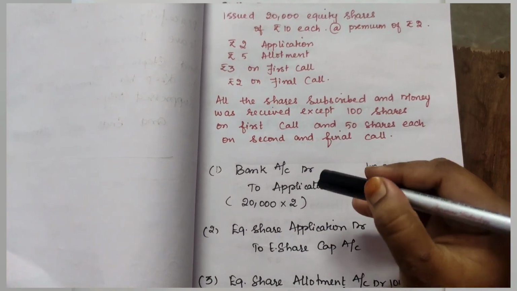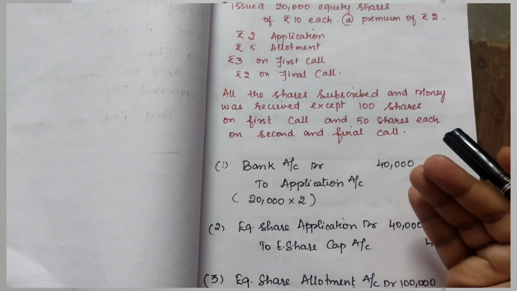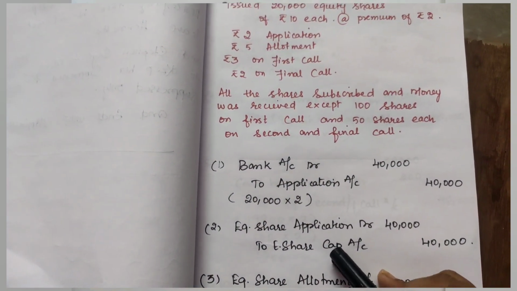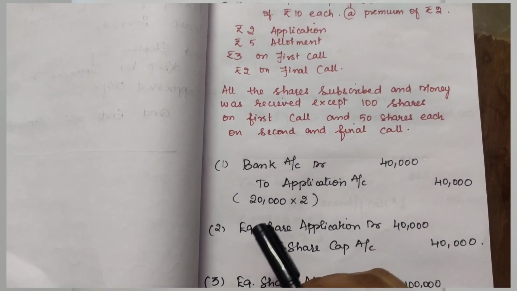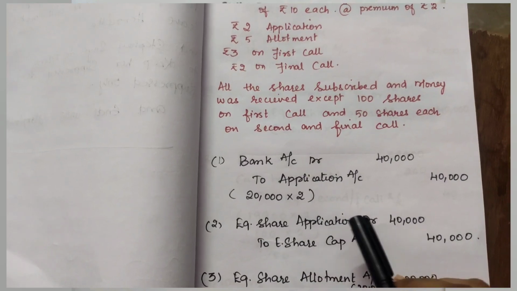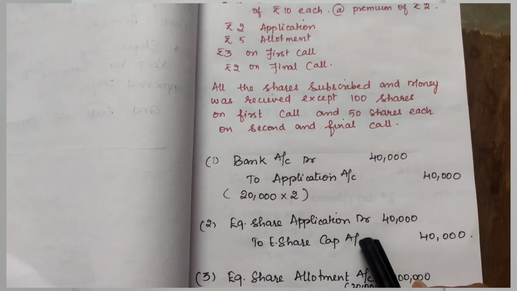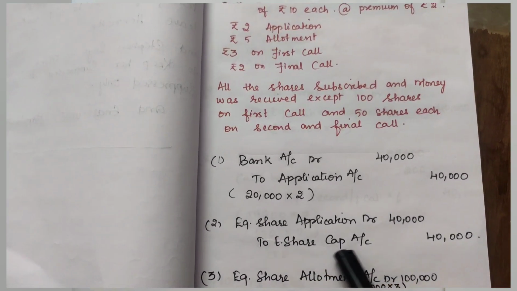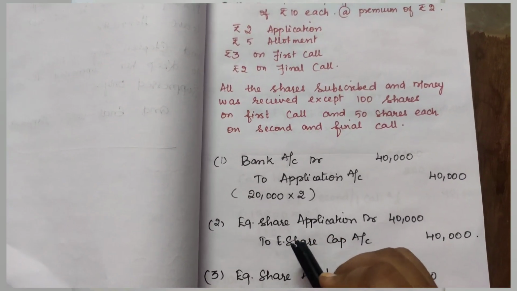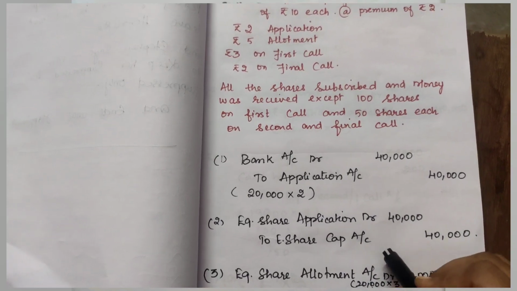After that, whatever money is received, we need to transfer it to equity share capital account. So you give this entry: equity share application money, which is 40,000, has been transferred to the equity share capital account. The narration here is: being the share application money transferred to the share capital account.